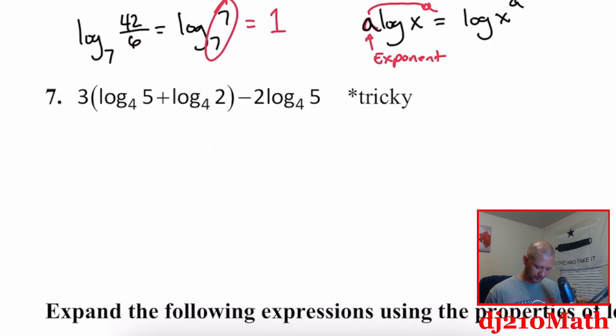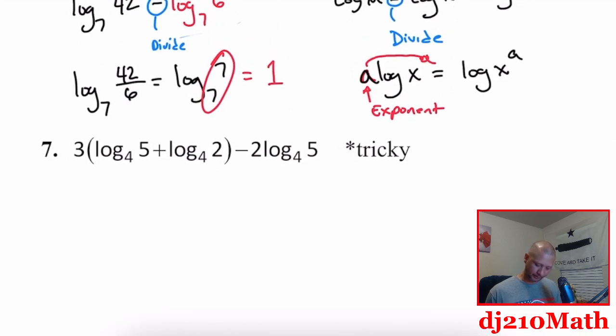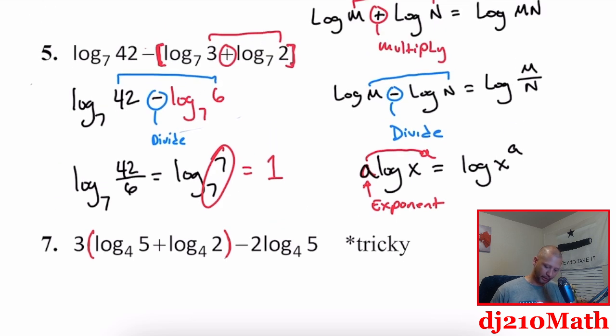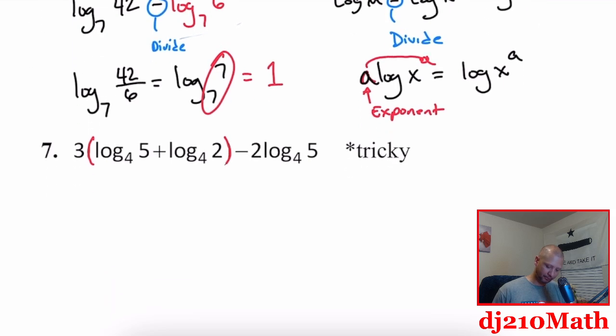All right, 7. Tricky. Yeah, right. So the parentheses is what's making this one tricky. So kind of like how we started the first one off, you have to distribute the 3.